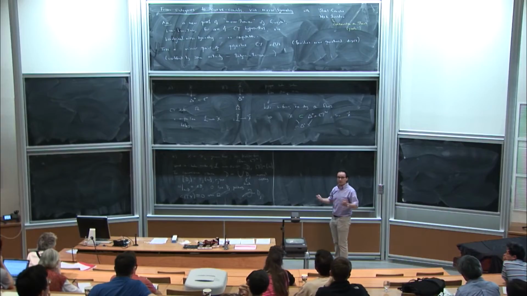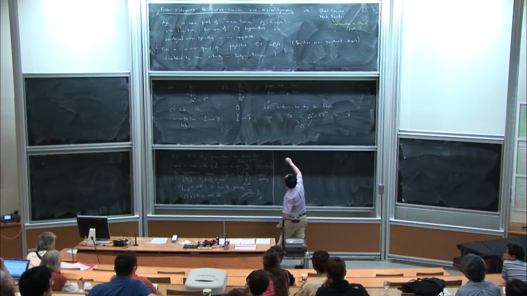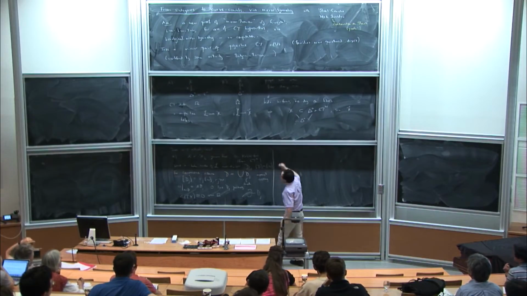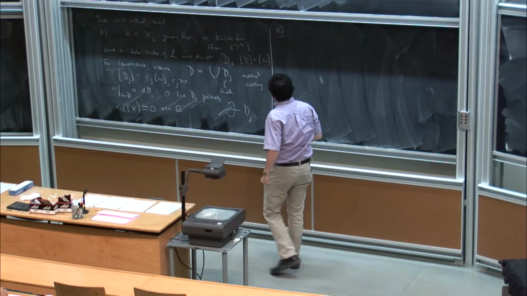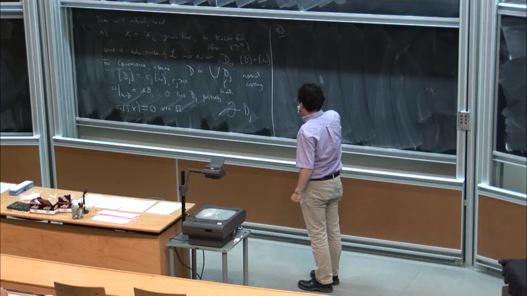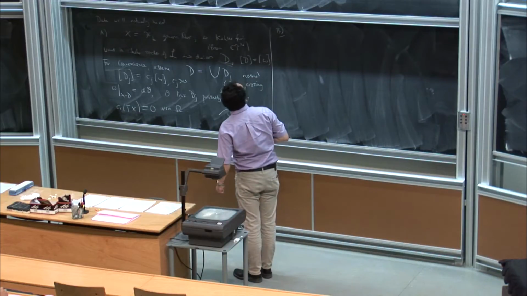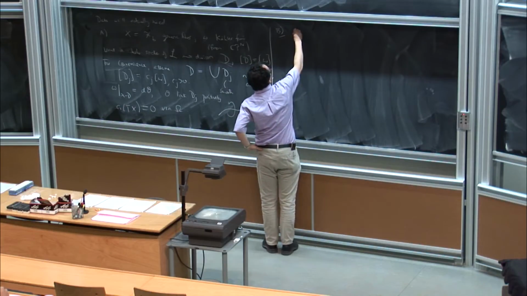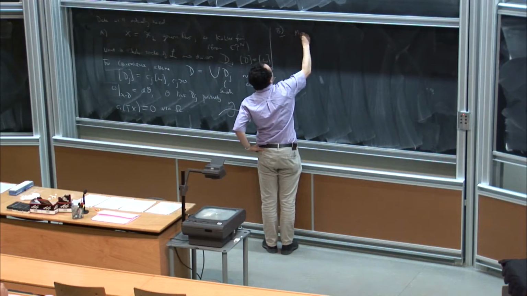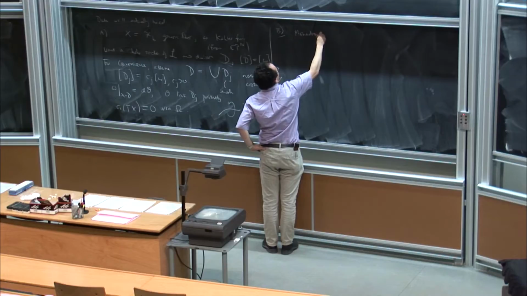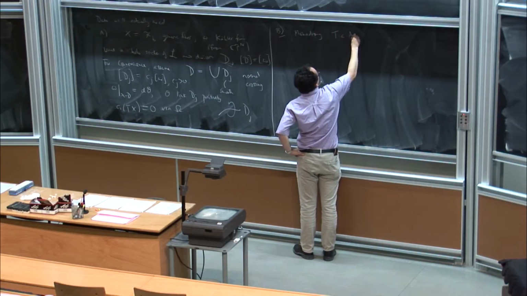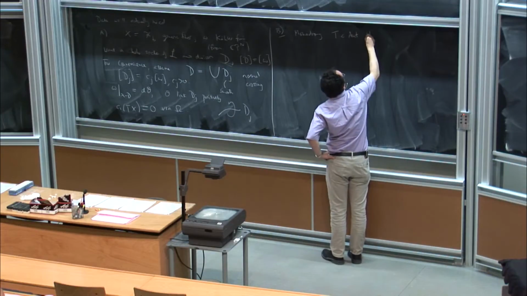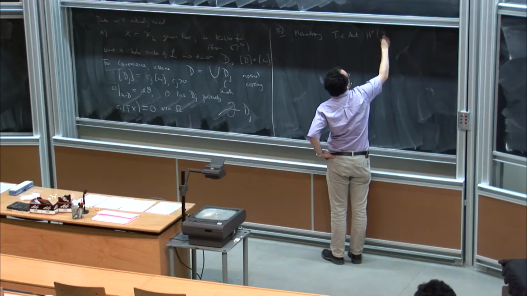I forget about the rest of the family I had. On the B side, I do something different. There are a couple of things to say here. One is this. So I have monodromy of my family, so T, which acts as an automorphism of the cohomology of a generic fiber.